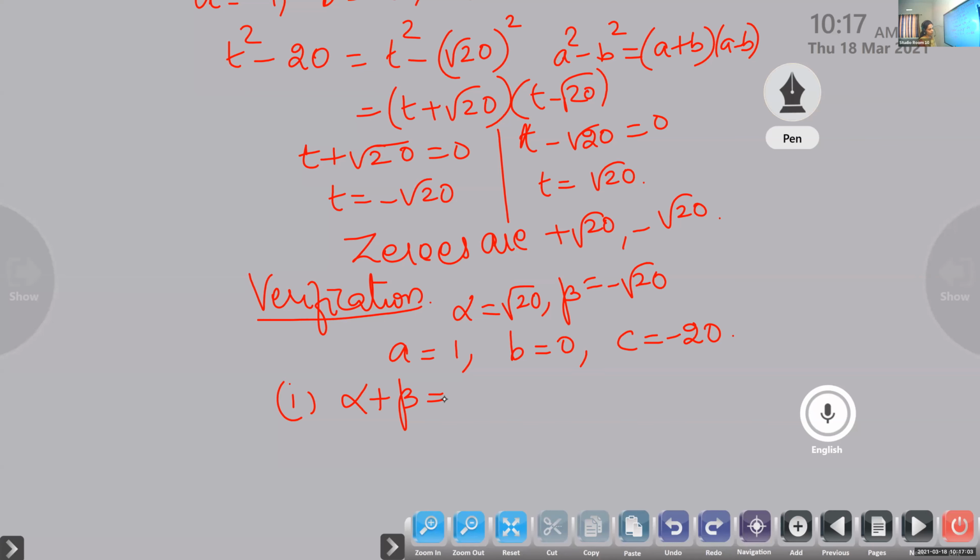Alpha plus beta is equal to minus B by A. Very good. It is minus B by A.